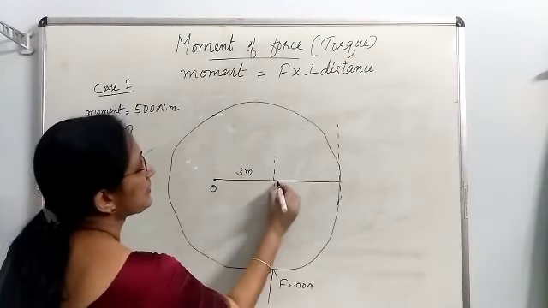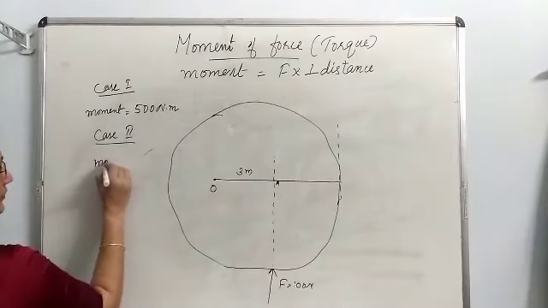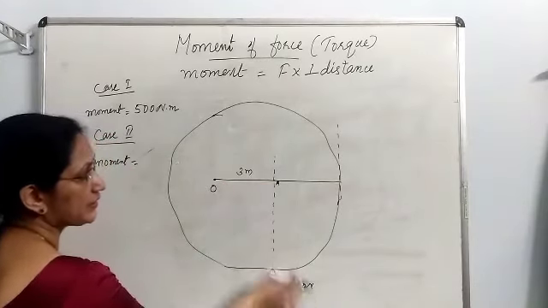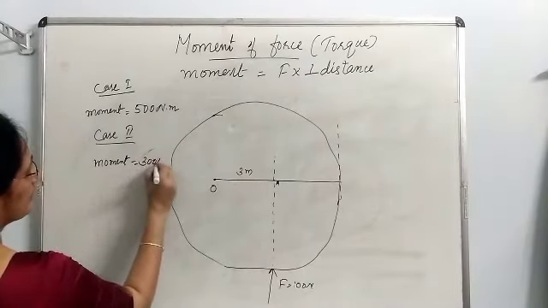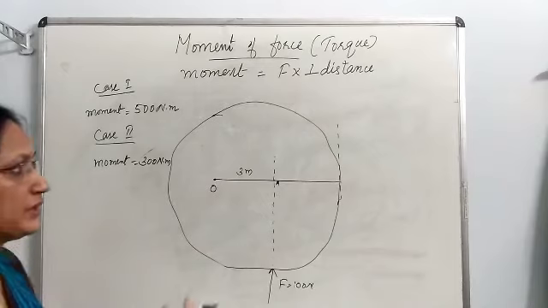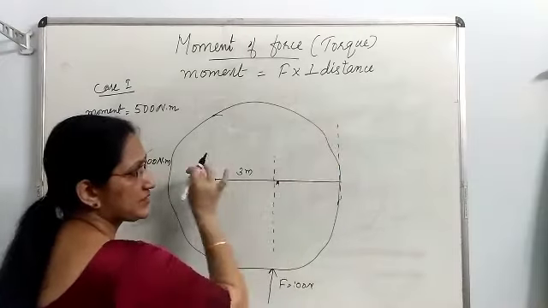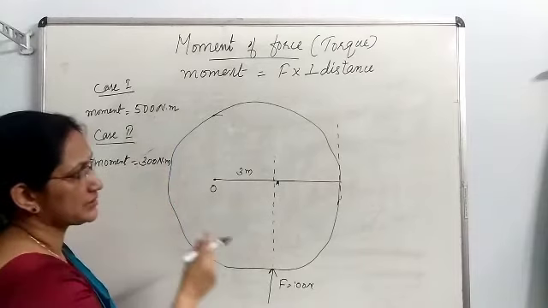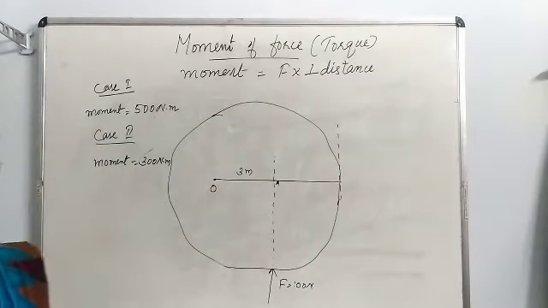This perpendicular distance OA is 3 meter. Then what is the moment? Moment is equal to force into perpendicular distance. 100 into 3. 300 Newton meter. Same force, same body, but in this case the perpendicular distance decreased. Earlier it was 5 meter, the force was acting 5 meter away from the turning point, then the moment was 500 Newton meter. When the perpendicular distance decreases, moment decreases.